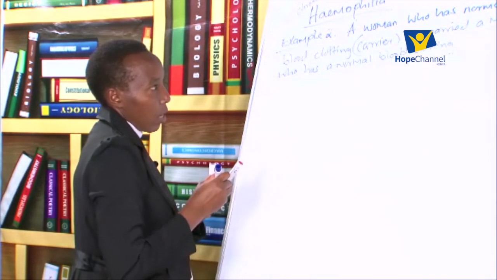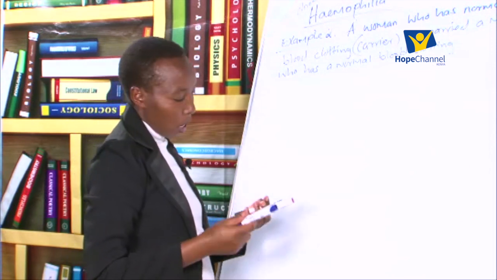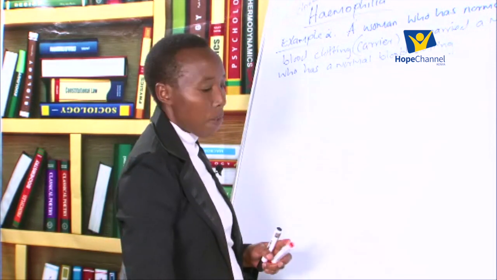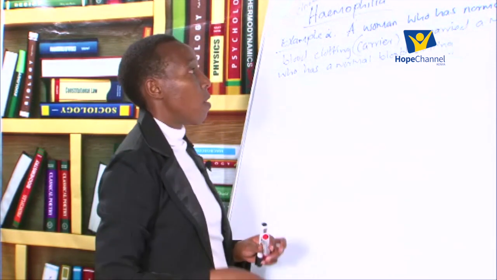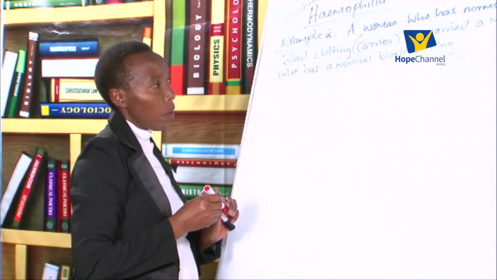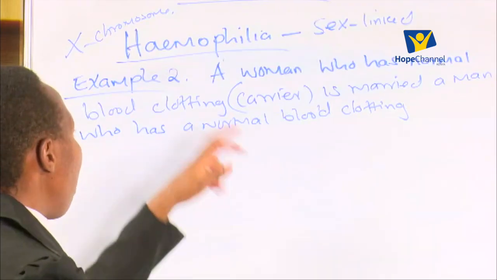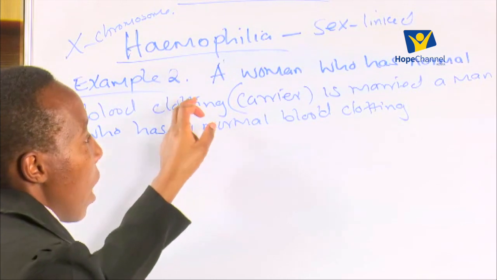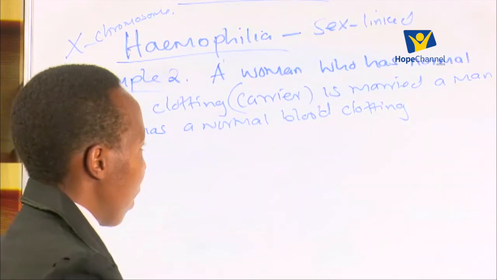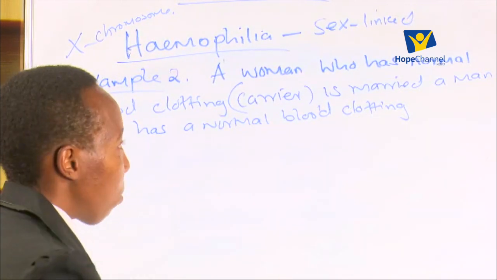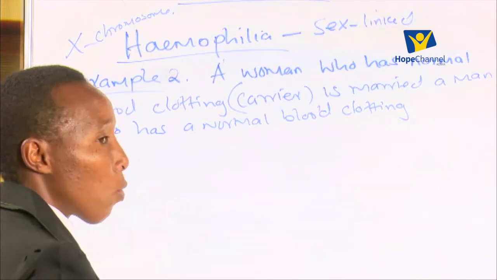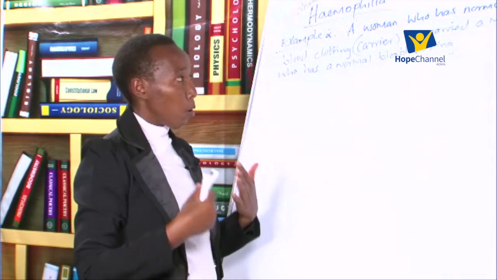So in that case, both of them are convinced, they are very sure that they have normal blood clotting. And probably in the family of this lady, maybe there were only girls, so they never had a chance to get boys. So in their family, they will also believe that they have a normal blood clotting system.